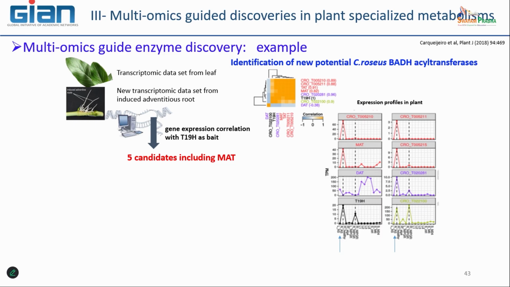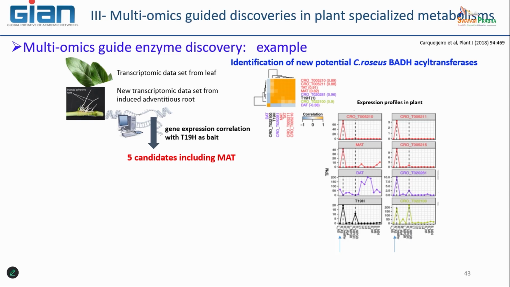So we have tested different parts of the plant. You can see here flower, stem, leaf, and roots. I have indicated here 2 roots. And what you can see is that effectively this bait gene is expressed in roots, but also MAT, which was the second one we found, so it's okay.